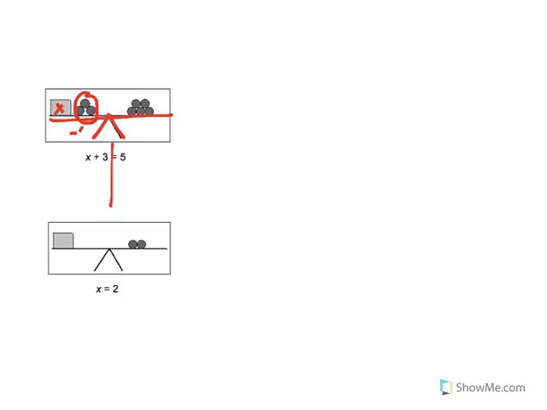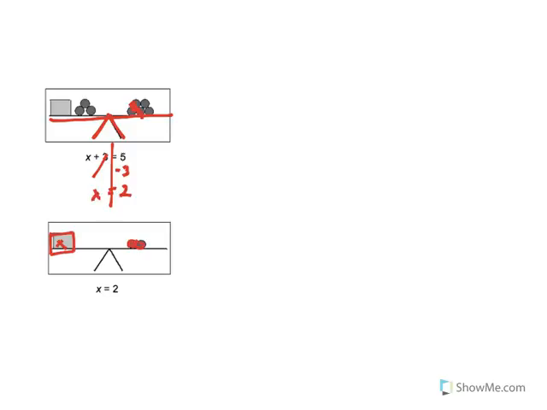So I would do minus 3 dots here. And what I do to one side, I have to do to the other side, or the thing would just move like this, right? So I take away 3 dots here, and I get x equals 2. X equals 2 dots.